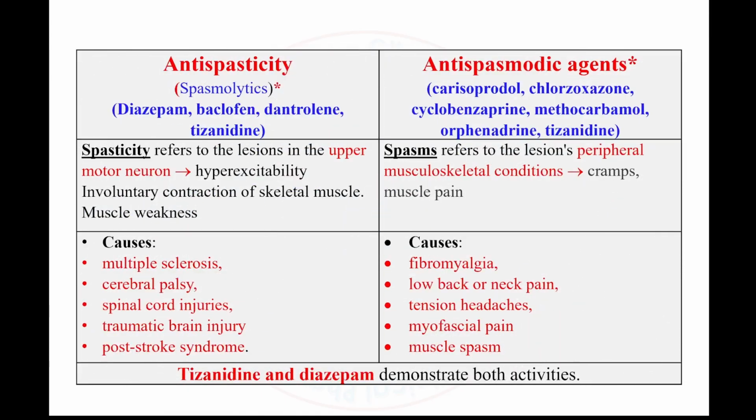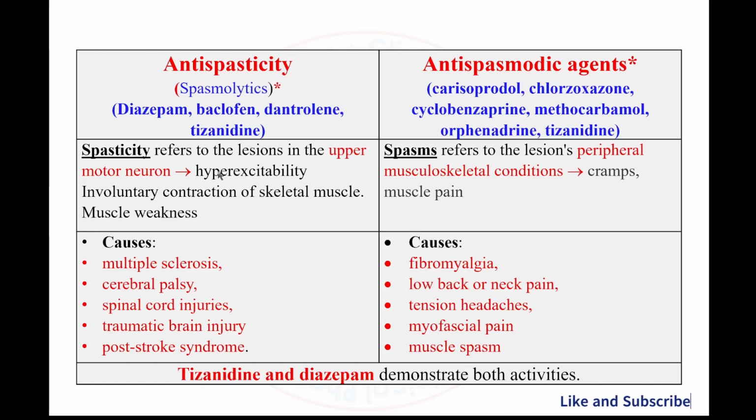Okay, this table compares spasticity and spasm. As you can see here, spasticity refers to a lesion in the upper motor neuron, and this will lead to hyperexcitability, involuntary contraction of skeletal muscle, and muscle weakness.